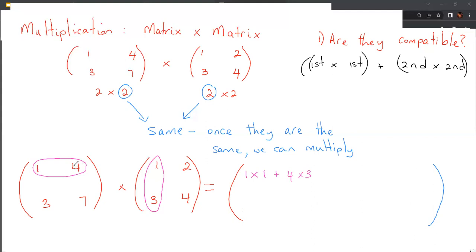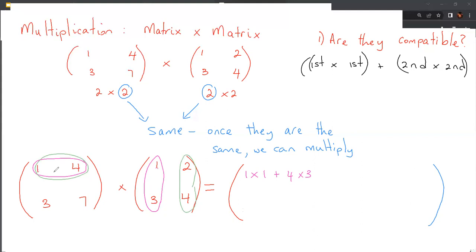So you read the number in the row first and then the column. Right? So it's always left and then the right matrix. So I'm finished with those two. Now remember, it's each row by each column. So this row now, I want to multiply it by this column.